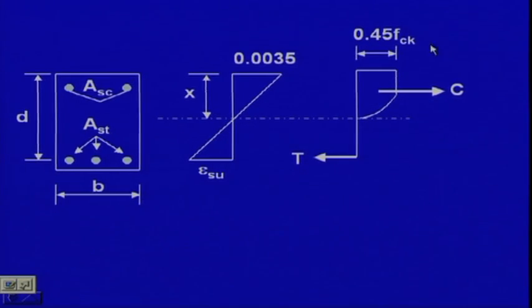I could further explain this one, that doubly reinforced section, 0.0035, epsilon SU.